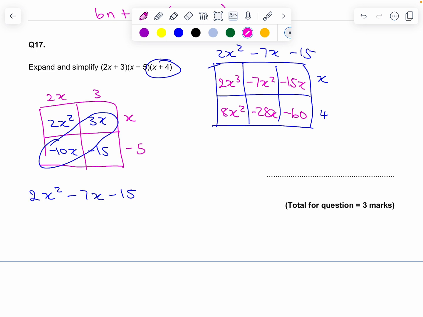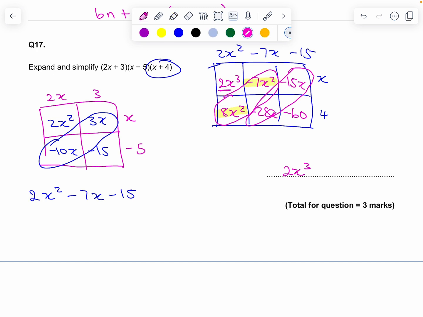Gather your like terms. So you've got x squareds there, and you've got x's there. So on its own, you've got the 2x cubed. Then here you've got 8x squared, take away 7x squared.